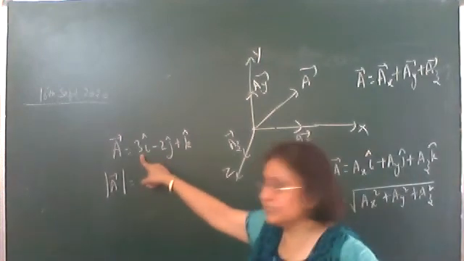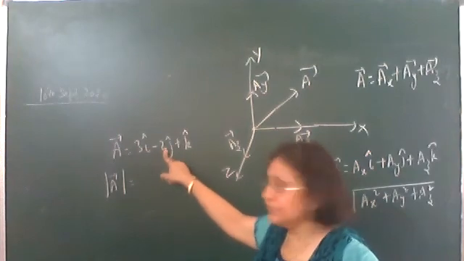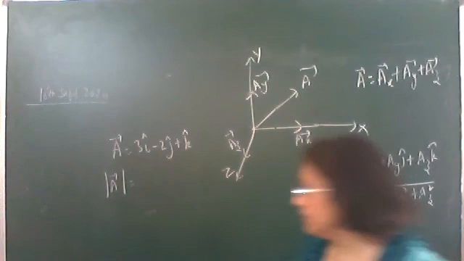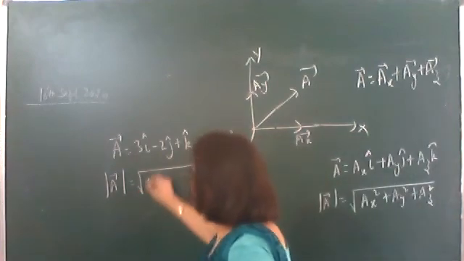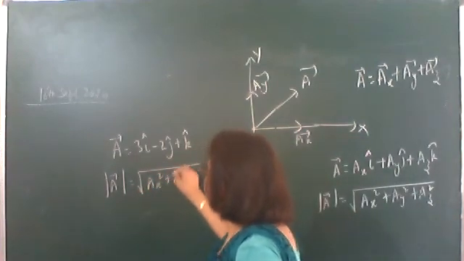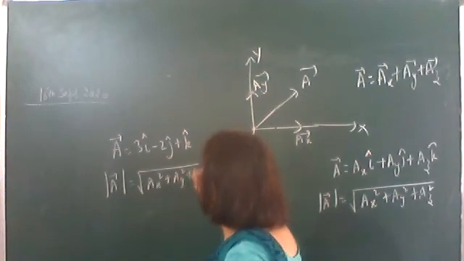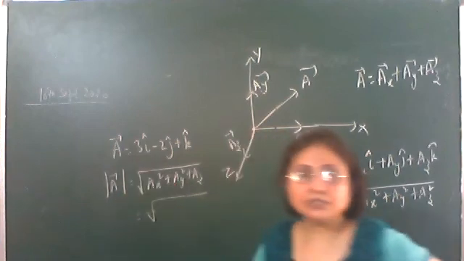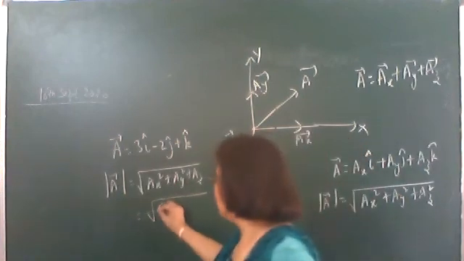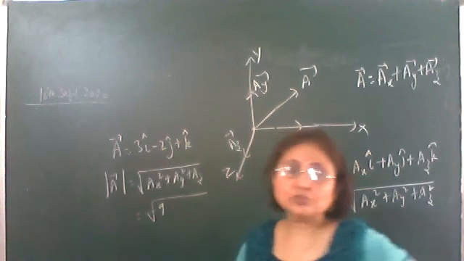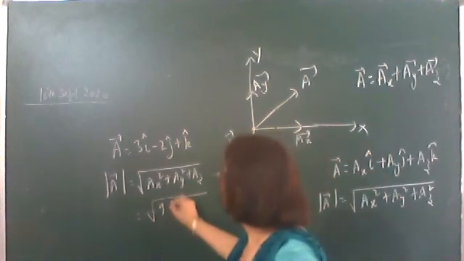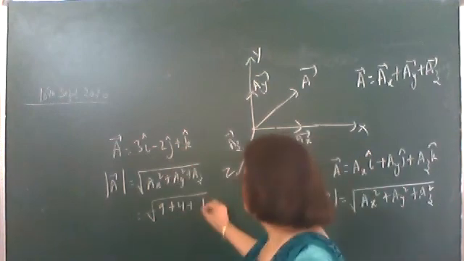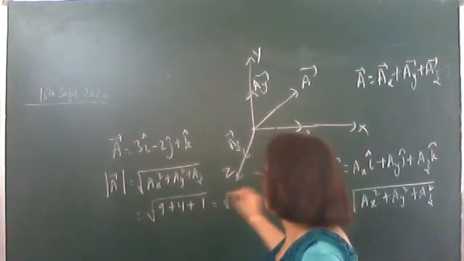This is ax is 3, ay is minus 2, az is 1. And we know that magnitude of A is, as just now written, under root ax square plus ay square plus az square. Ax square, 3 square, 9, minus 2 square, plus 4, 1 square, 1. So it is under root 14.